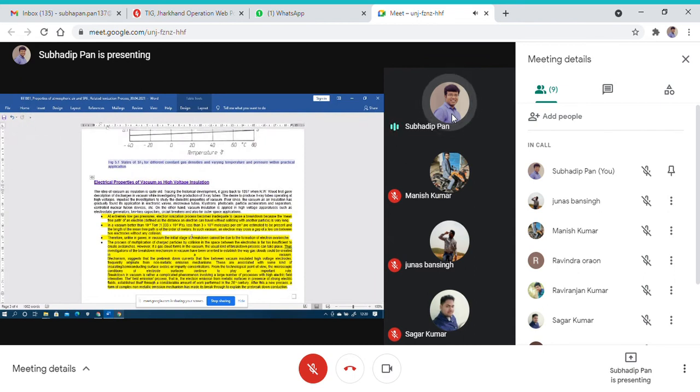Because the mean free path of an electron is defined as the distance the electron can travel without colliding with other particles, and it is very long. What does it mean? If we are using very low gas pressure, the electron ionization process will be inadequate. Inadequate means it is not sufficient for the ionization purpose.